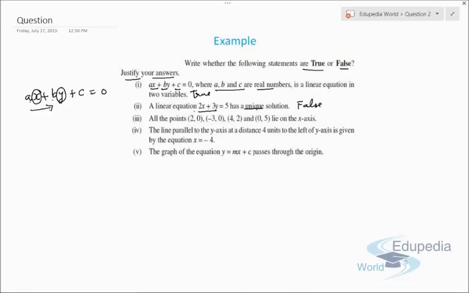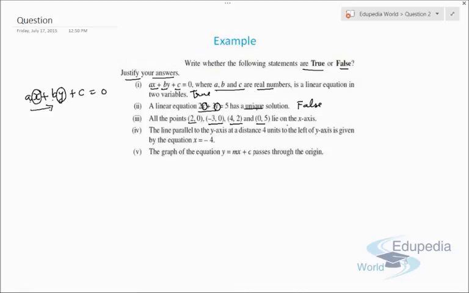So a linear equation in two variables, because we have two variables x and y, will always have infinite solutions. It cannot have a unique solution. Now the third question says, all points (2, 0), (-3, 0), (4, 2) and (0, 5) lie on the x-axis.